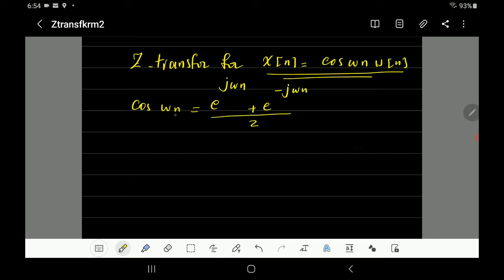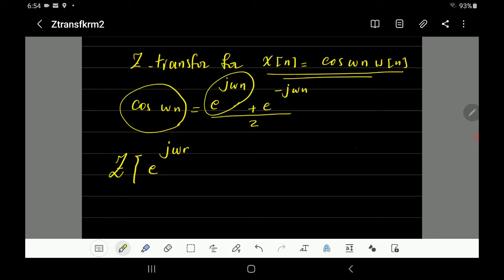So now, to find the Z transform for the cosine wave, we start by finding the Z transform of e to the power of j omega n, and don't forget we are going to multiply it by the unit step, because it's here.